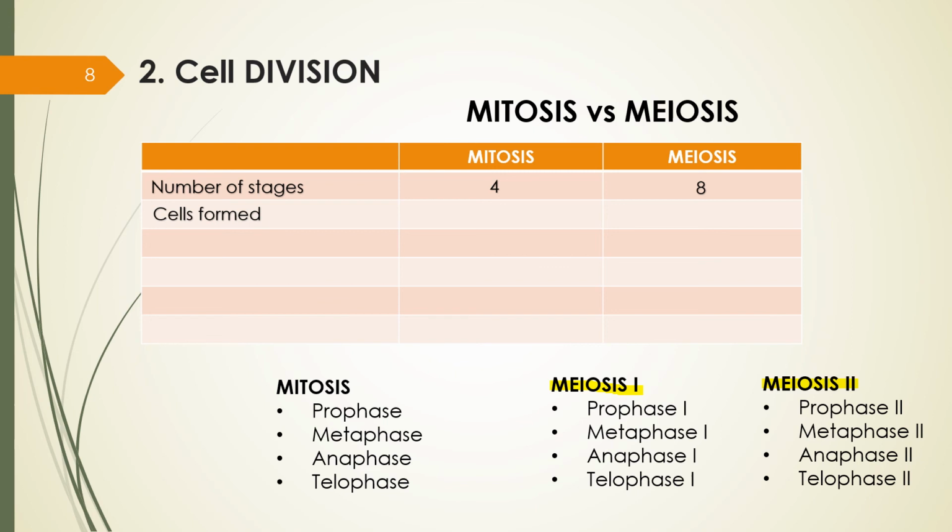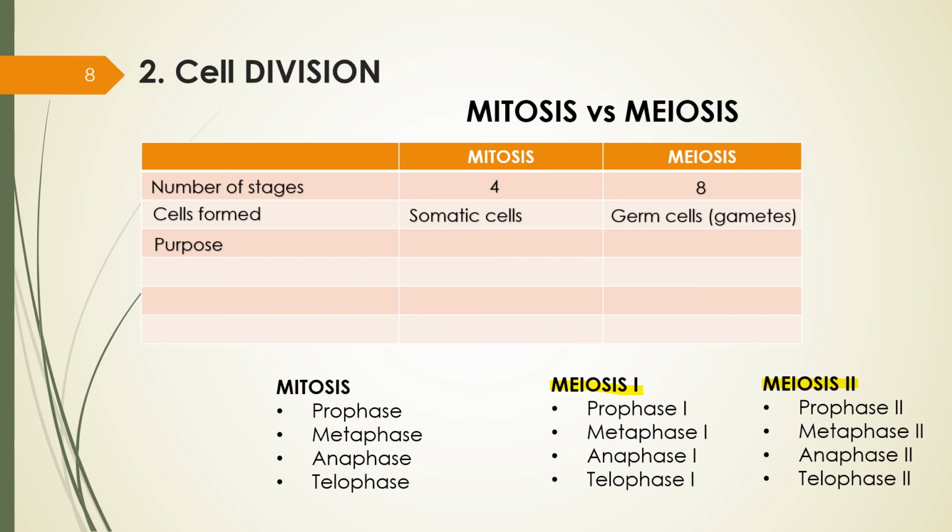Now, what type of cells are formed in mitosis and meiosis? Somatic or germ? In mitosis I have somatic. What are somatic cells again? The cells of our body. Good. And in meiosis, what cells do I form? Germ cells or gametes. That's a huge difference between them. Next one, what's the purpose?